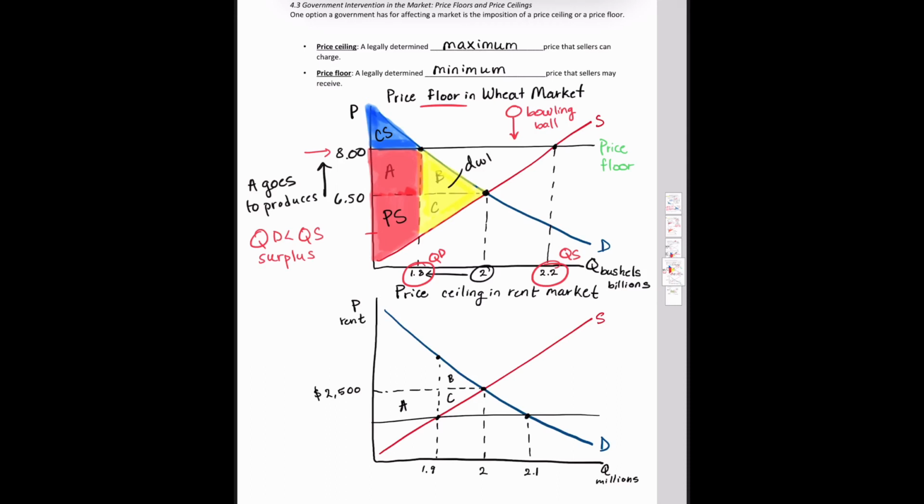One thing I do want to mention is that if we apply price floors in the labor market, specifically talking about minimum wage, we have the two different sides of the minimum wage argument. Supporters are going to see it as a way of raising incomes for low-skilled workers. Opponents are going to argue that it results in fewer jobs and imposes large costs on small businesses.